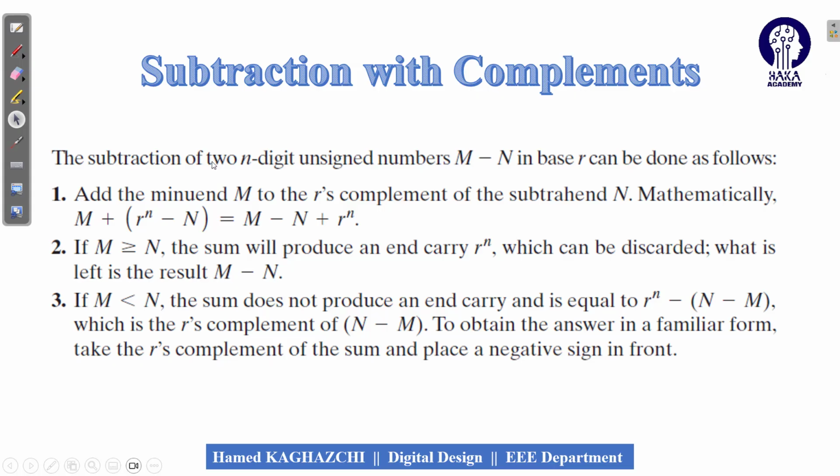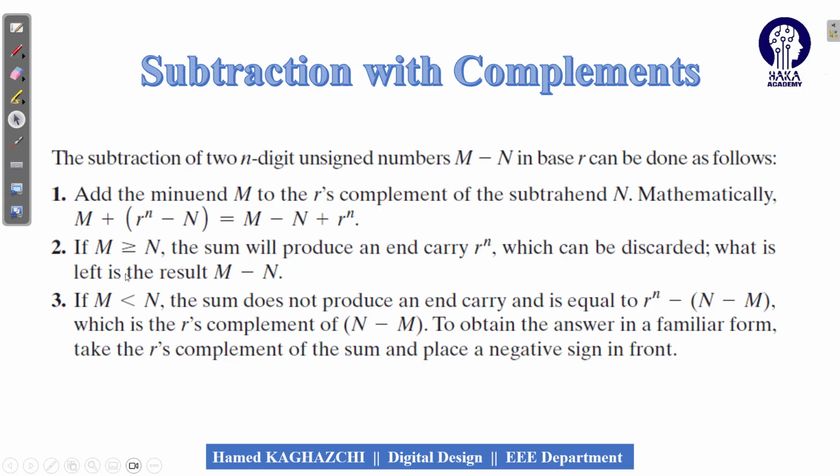We say that the subtraction of two n-digit unsigned numbers, M minus N, in the base of r, can be done in this form. We add the minuend M to the r's complement of the subtrahend N. What does it mean? It means that we find the r's complement of this N. Then mathematically we can write something like that.